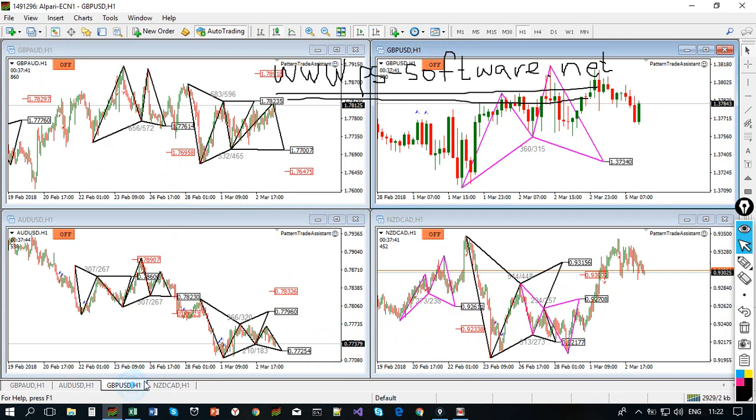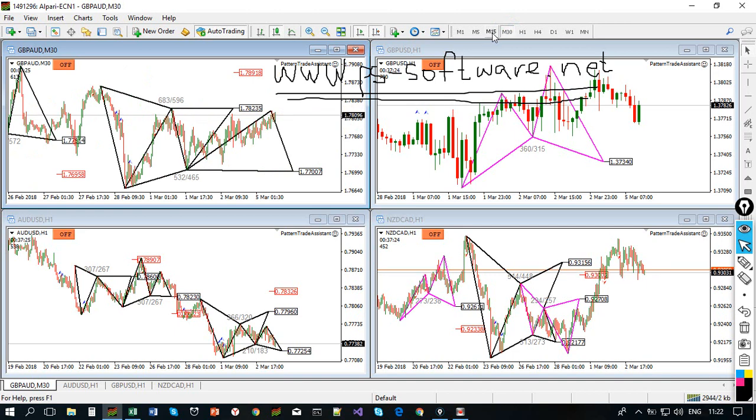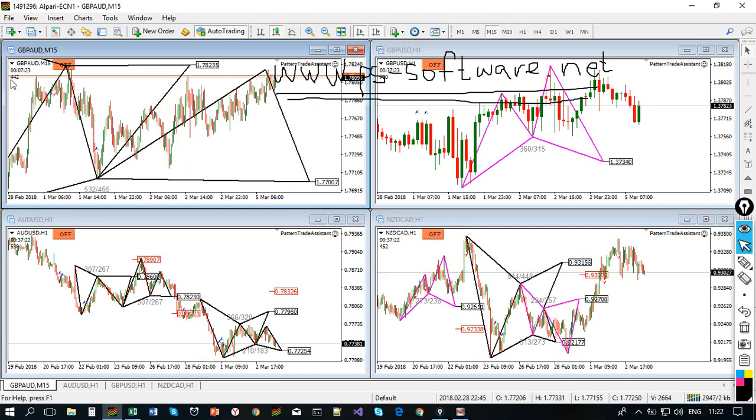If you are interested in some details, we have the Pound Aussie bearish Gartley almost completed at 78.23.5, and 59.6 says that it should be executed on the 15-minute time frame.